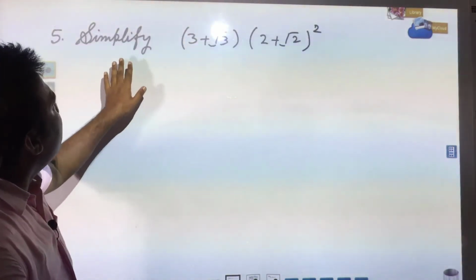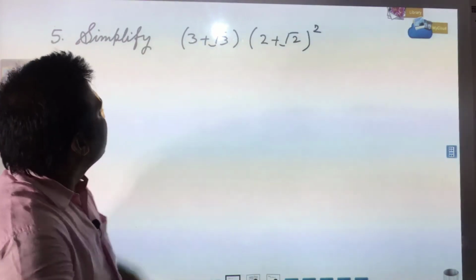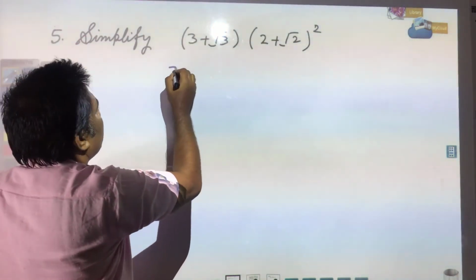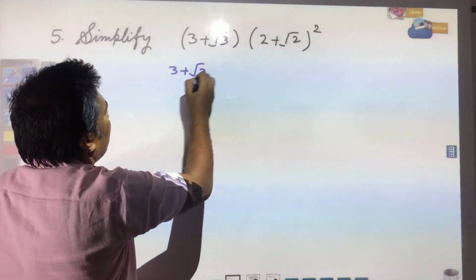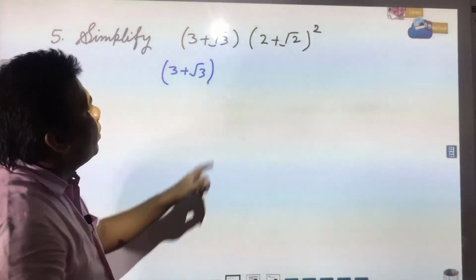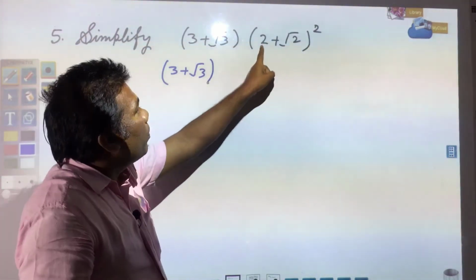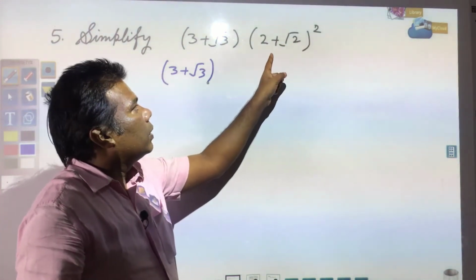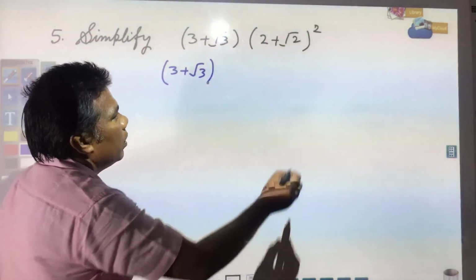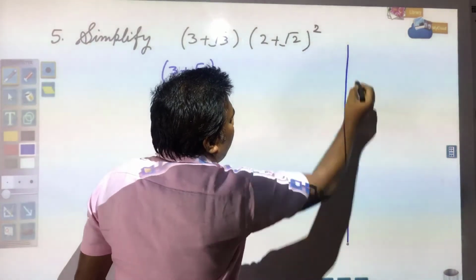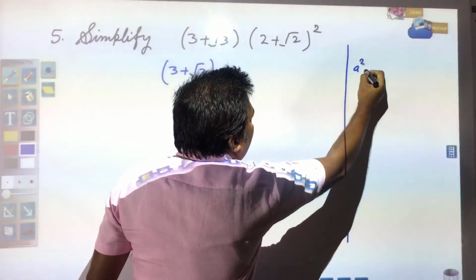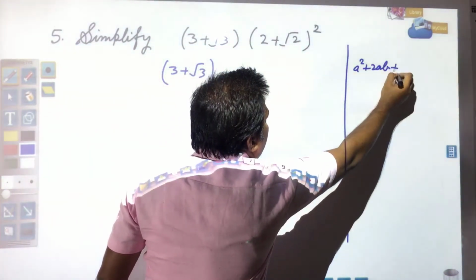Next question, you see, you need to simplify this. So, you have 3 plus root 3 and you need to multiply with 2 plus root 2 whole square. So, a plus b whole square it is. So, put in the formula. a plus b whole square, you know, is a square plus 2ab plus b square.